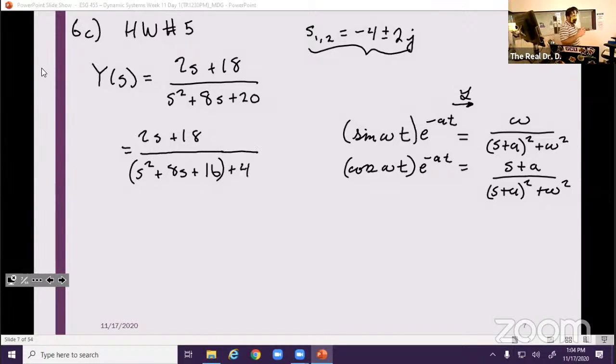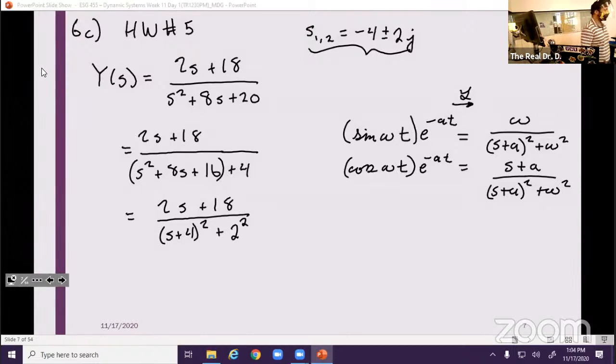So all I've done is I've taken what I have here, and I've changed that 20 into 16 plus 4. And the nice thing about this is that I get something that looks like that. This is black market math at its finest, right?